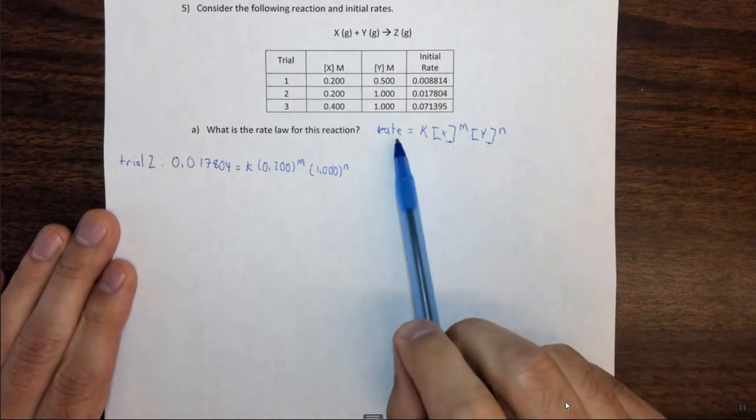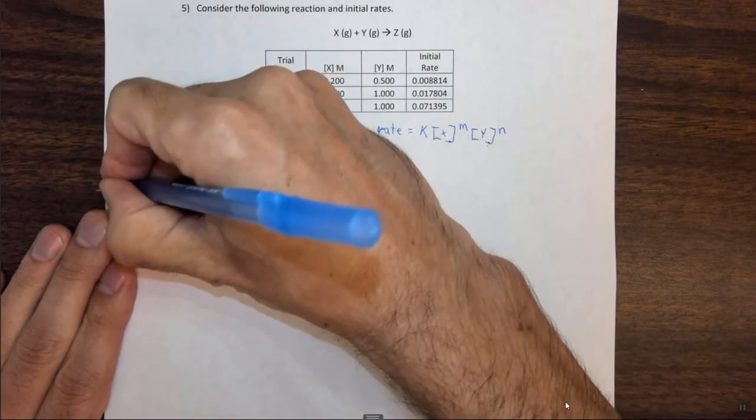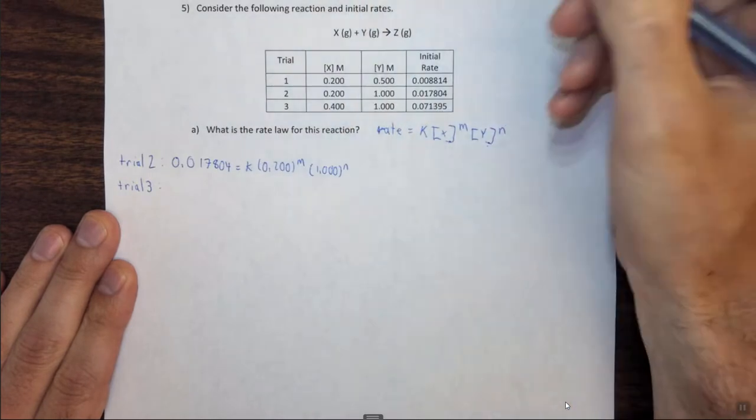Next, we want to do the same thing for trial 3. Again, we pick trial 2 and trial 3 because X changed and Y didn't.